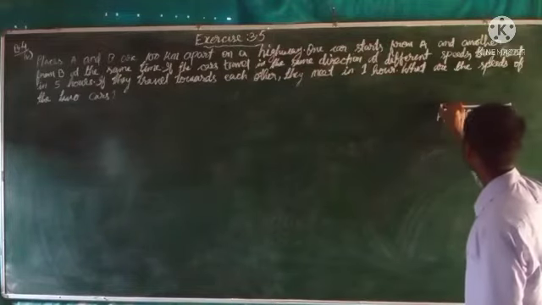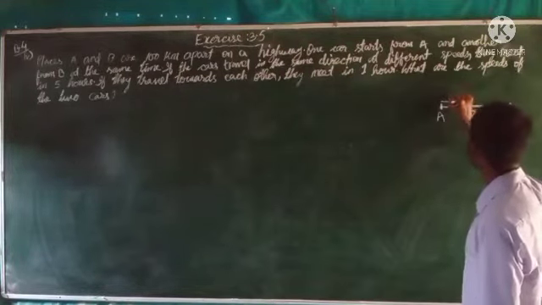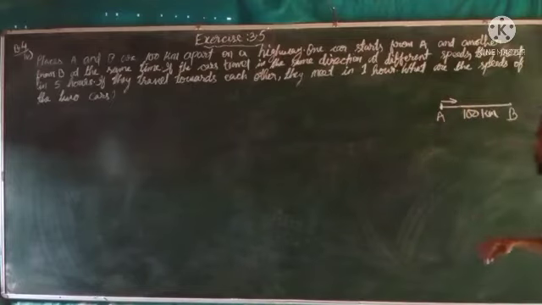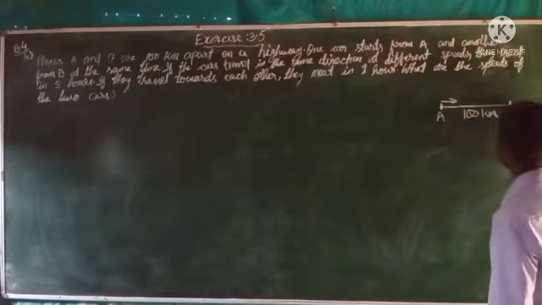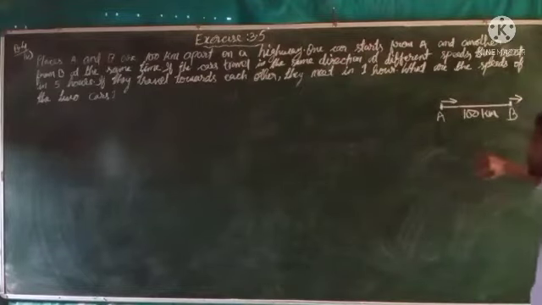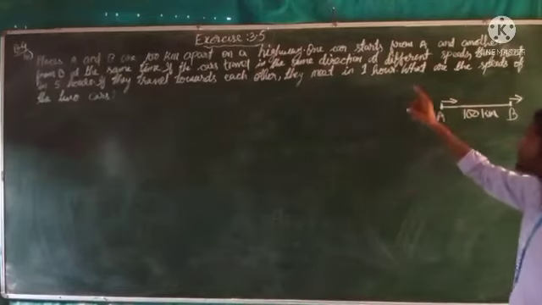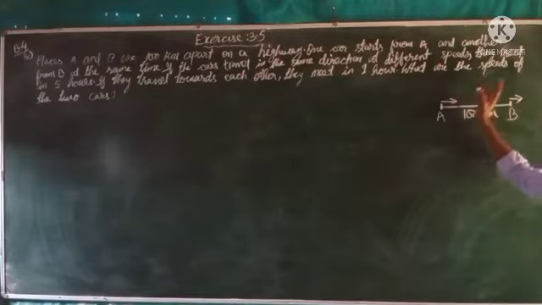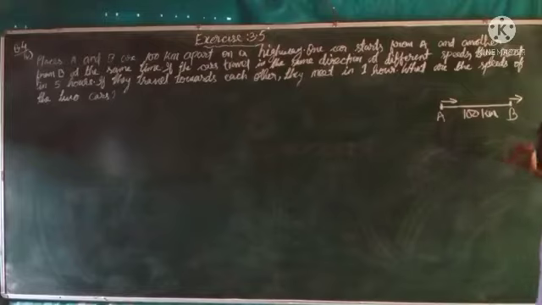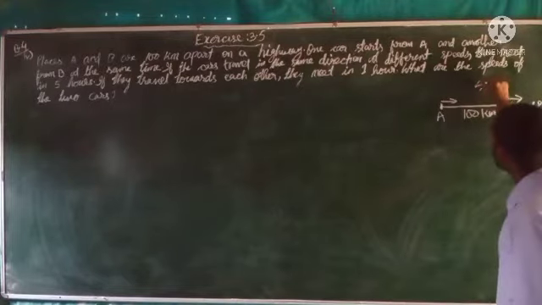One car starts from point A and moves in this direction, and the other car from B moves in the same direction. If they travel in the same direction at different speeds, they meet at a point D, let us name it D, in 5 hours.